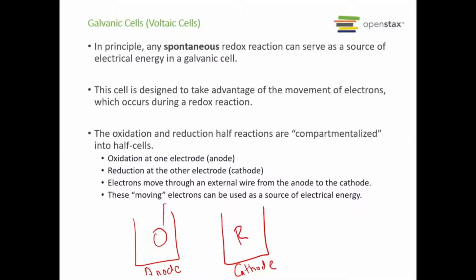And there's a wire that connects those two, and the electrons are going to move from the anode to the cathode. So generally the way we draw this is anode on the left, cathode on the right. And so we use these moving electrons as a source of electrical energy.